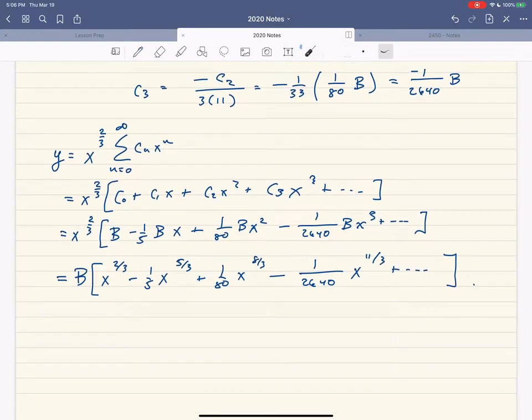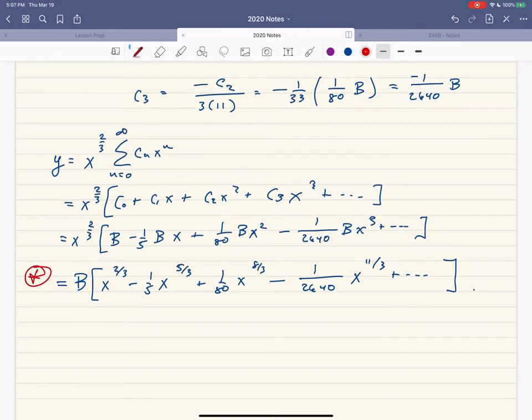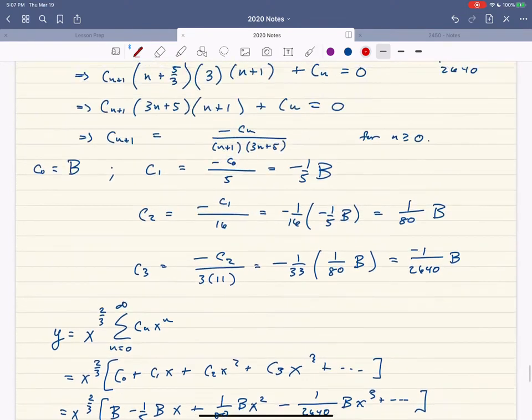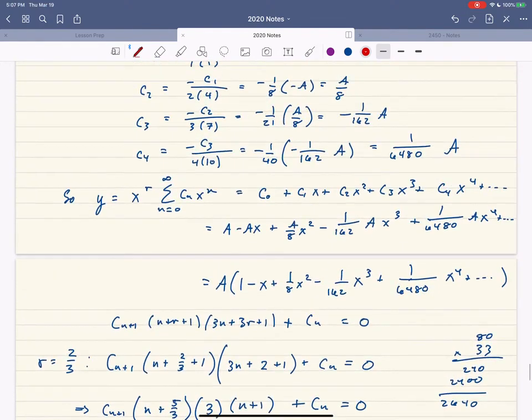And in this case we got lucky, and we found two series solutions to our differential equation. So that's one: b times x to the 2/3 minus 1/5 x to the 5/3, and so on. The other solution was this one here: a times the quantity 1 minus x plus 1/8 x squared.